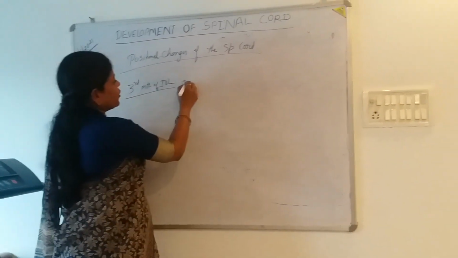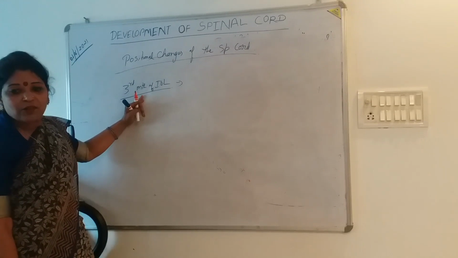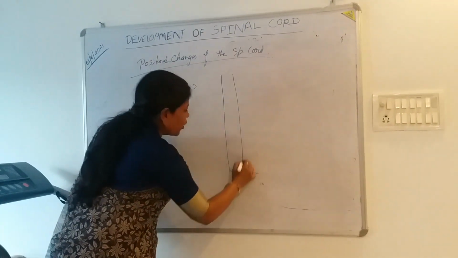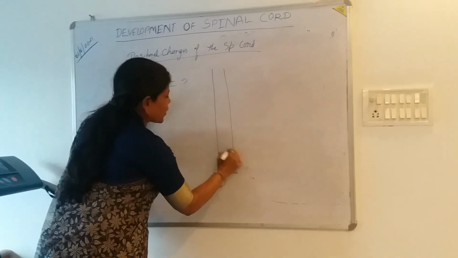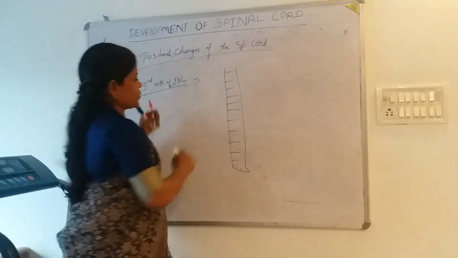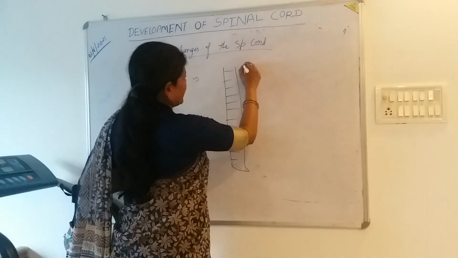So the length of the spinal cord at the third month of the intrauterine life extends up to the whole of the vertebral column. Suppose this is the vertebral column, and this is the spinal cord here.